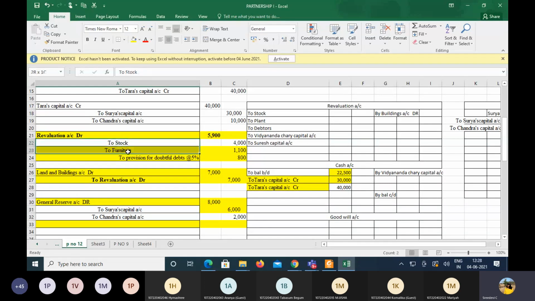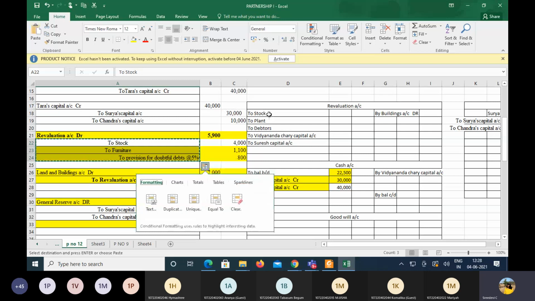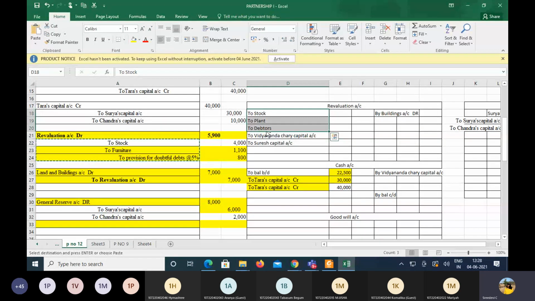Now coming to the revaluations here. So revaluation to all the assets. So here to stock, to furniture and to provision for the debtors, that is 4,000 followed by 1,100 followed by 800.